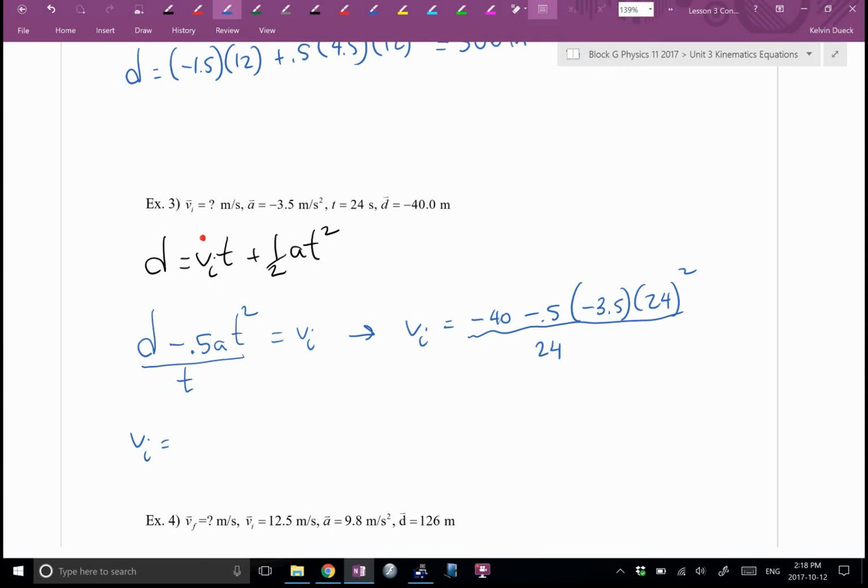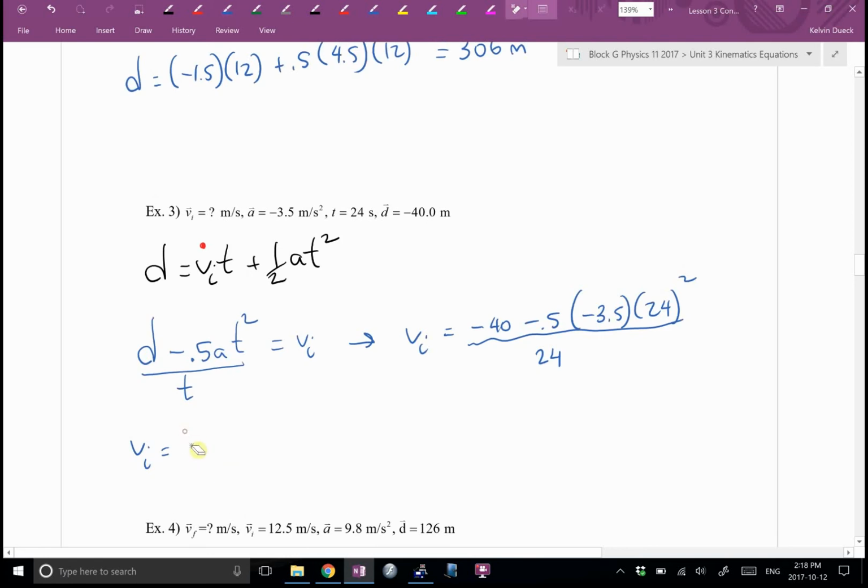Oh, how many sig figs should I technically go to here? Two. I'm going to go to 3 sig figs because I want the decimals. So I'm going to go 40.3 meters per second.